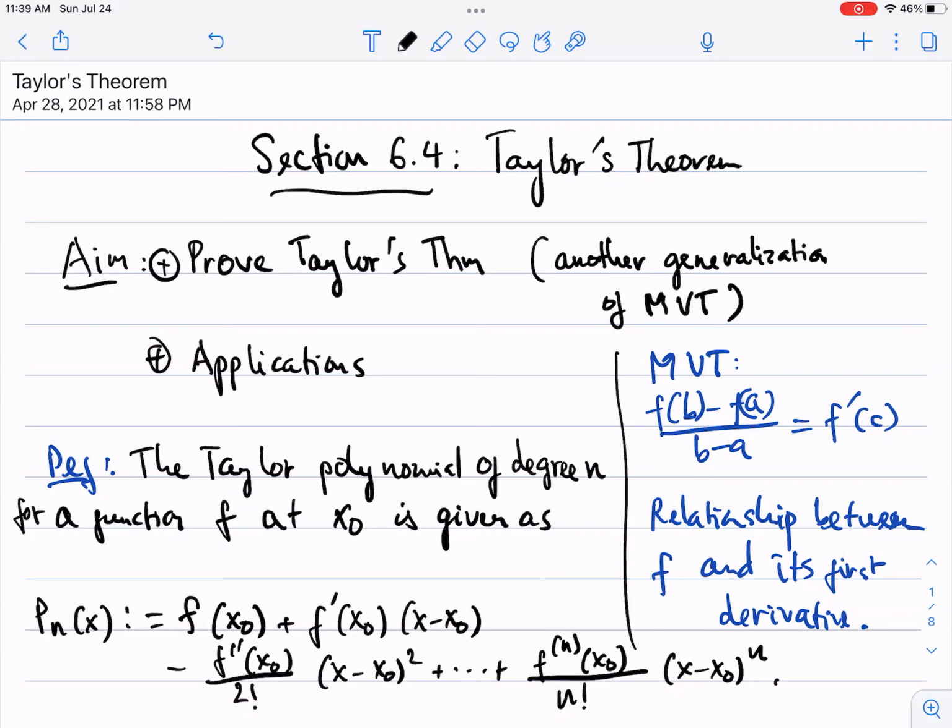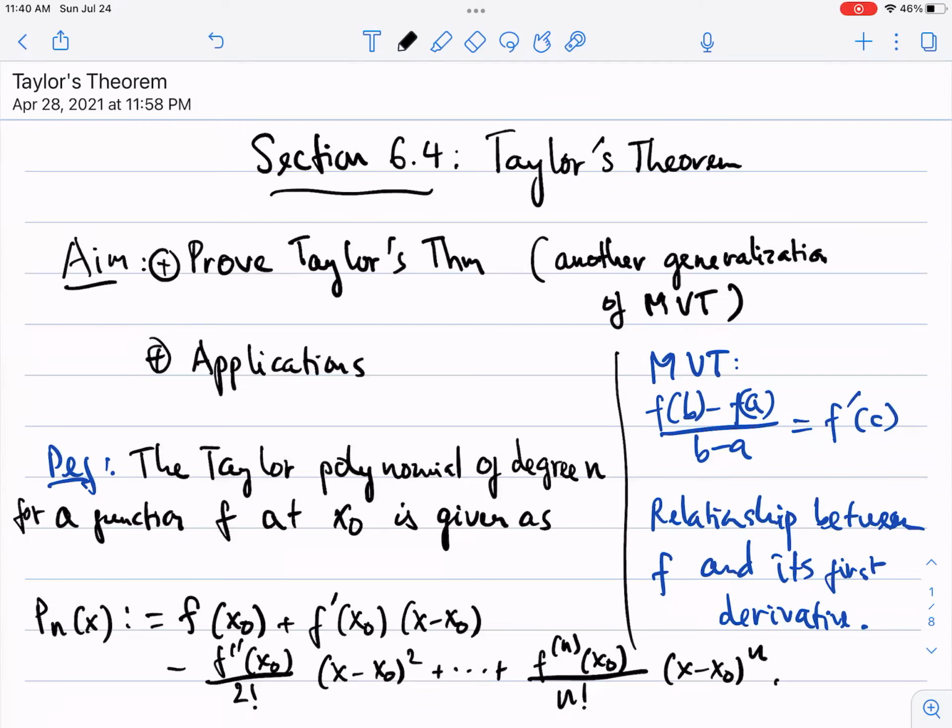So we discussed the mean value theorem in a previous section. It has several applications. We already mentioned the Cauchy mean value theorem, which is a generalization of the mean value theorem from one function to two functions.